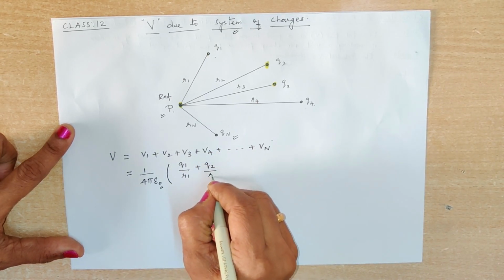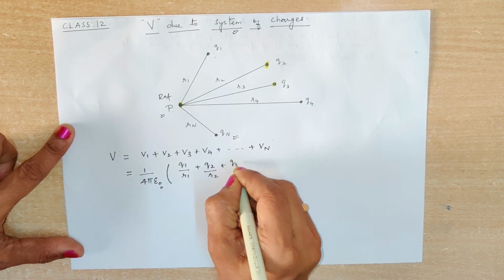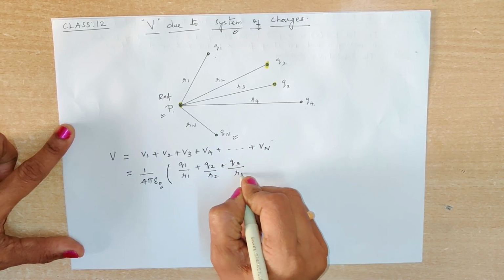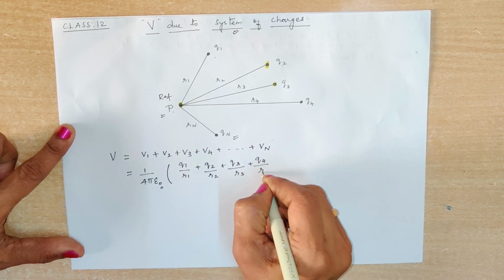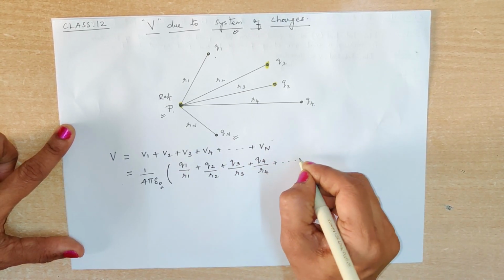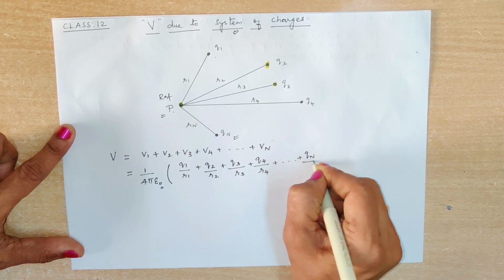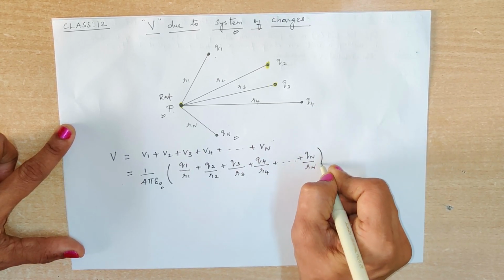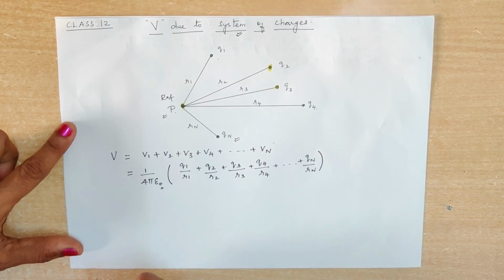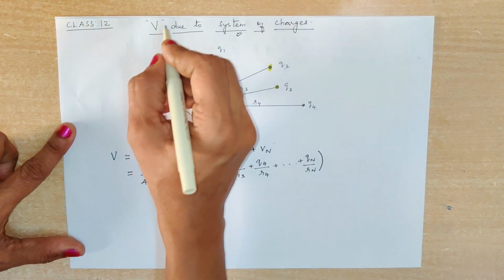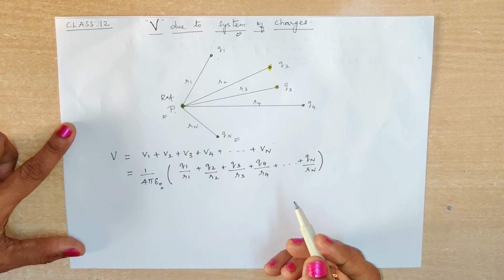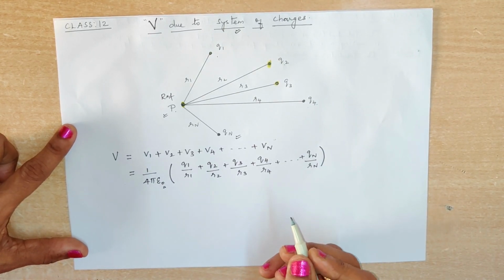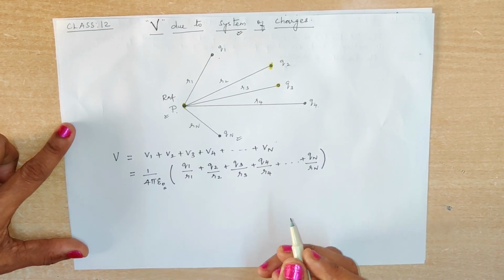Q2 is a charge located at a distance R2, and for V3, Q3 is a charge located at the distance R3. For the charge Q4 located at the distance R4, like this we can write up to Qn by Rn. This may be the expression for calculation of total potential in a system due to more than one charge, or due to many charges.